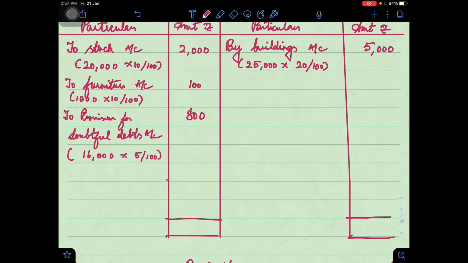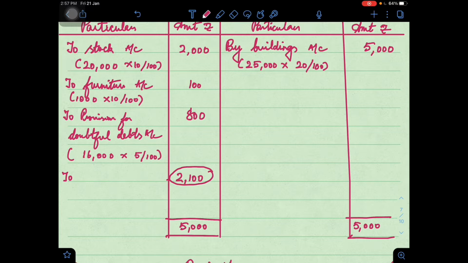You can see that the credit side total, which is 5,000, is more. So profit is more than the loss. What was the difference? 2,900 deducted from 5,000 gives 2,100.